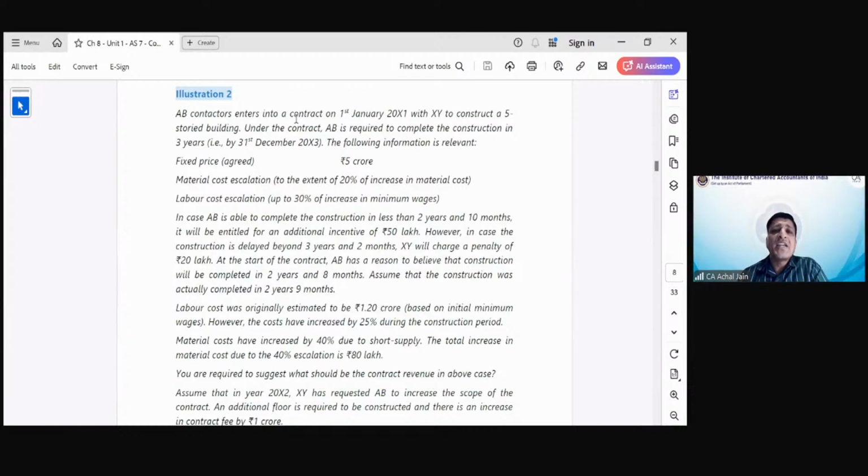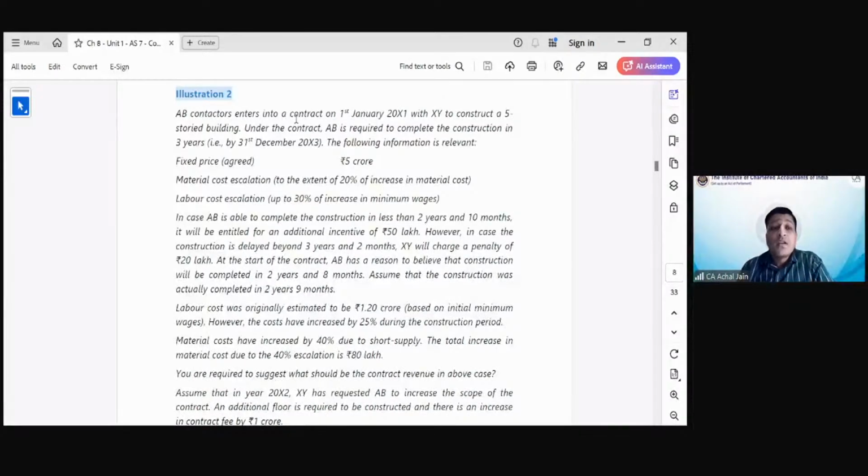The following information is relevant. Fixed price, which is agreed, 5 crore. Material cost escalation: to the extent of 20% of increase in material cost will be compensated. So an escalation clause is there for the cost of material.